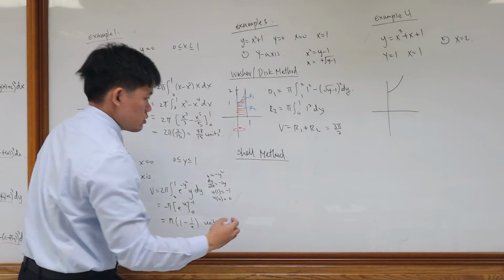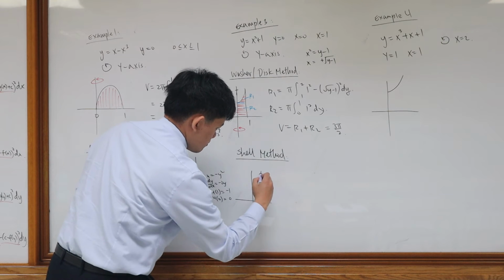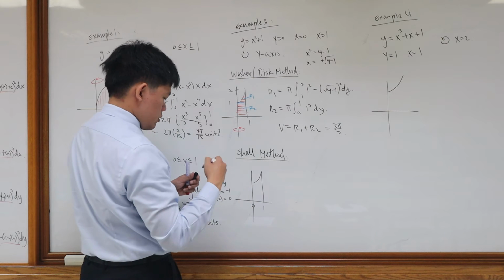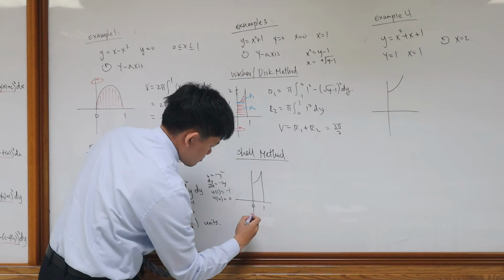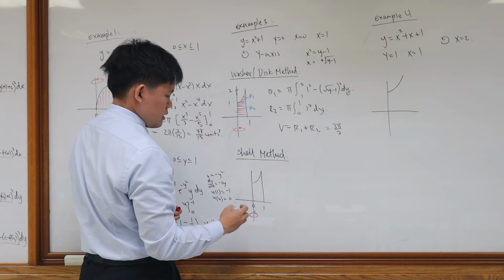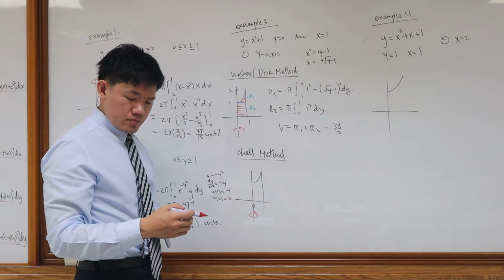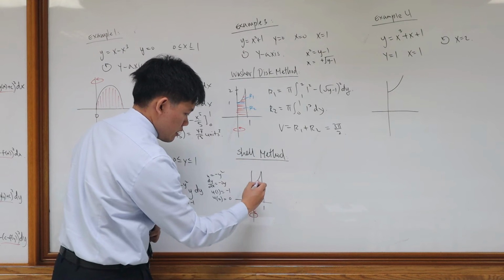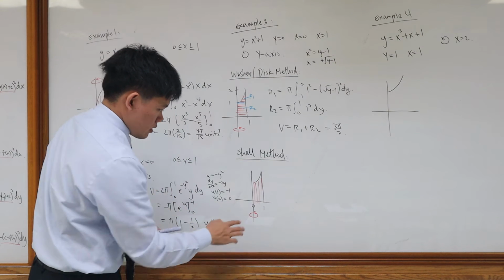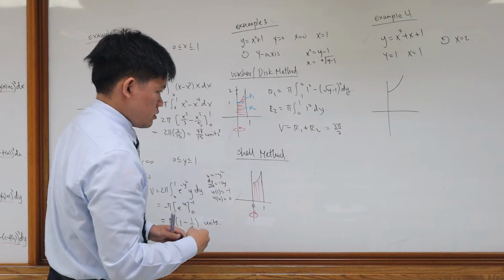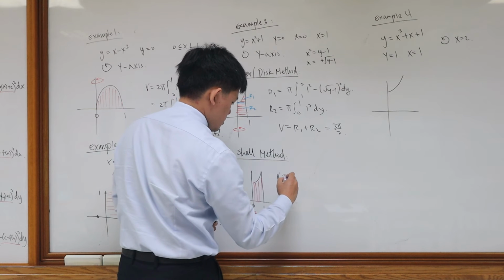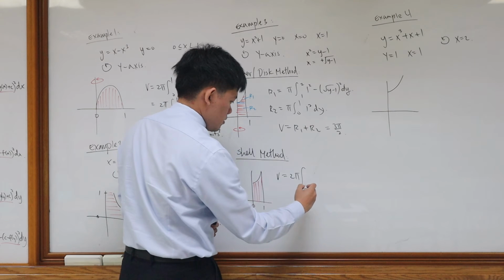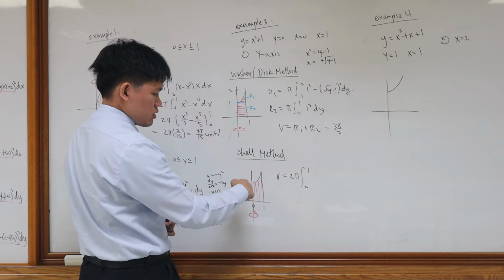Okay, so let's draw a diagram again. This is my function, and this is between 0 and 1. I'm rotating around the y-axis. Because I'm rotating around the y-axis, my cross-section is going to be parallel to that, so you're going to have to integrate with respect to x. So between 0 and 1, my volume is equal to 2 pi integral between 0 and 1, and then my function, top function minus bottom function.